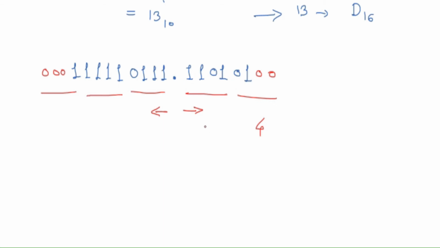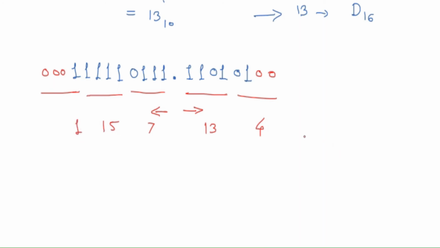So this will be equivalent to 13. Then this will be 1 1 1, which is 7. Then all together this will be 15, and this last one will be 1 as it is.